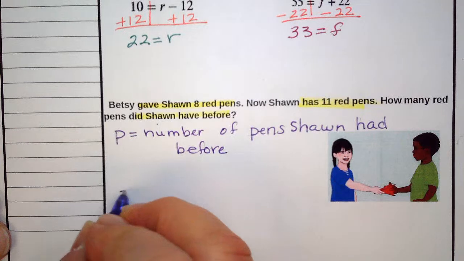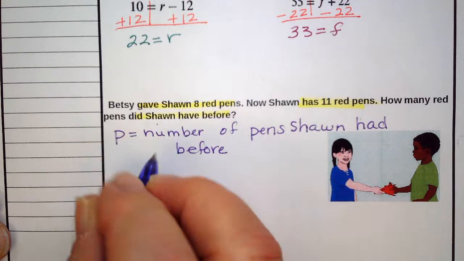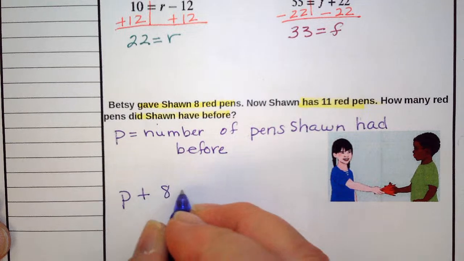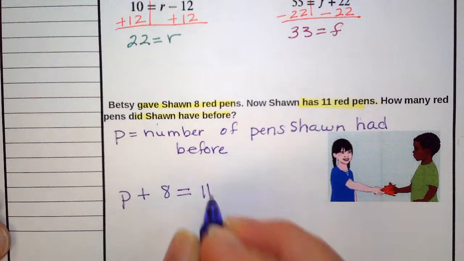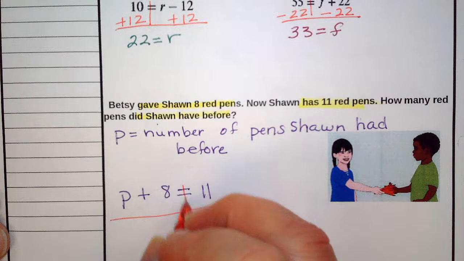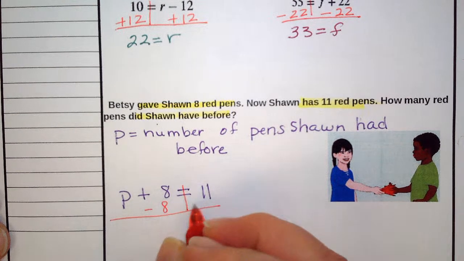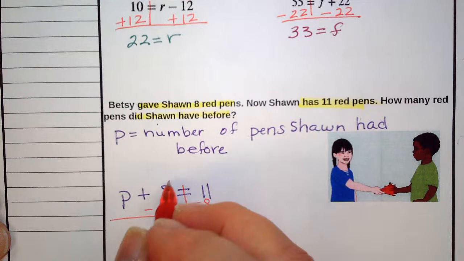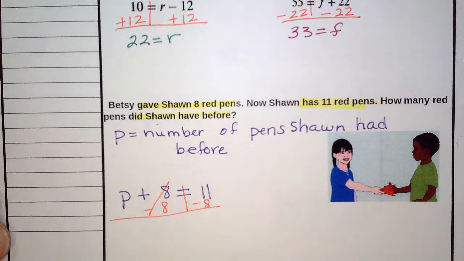So he had a number of pens plus Betsy gave him 8, and now he has 11. How do we solve? We subtract 8 from both sides. Minus 8, minus 8. P is equal to 3.